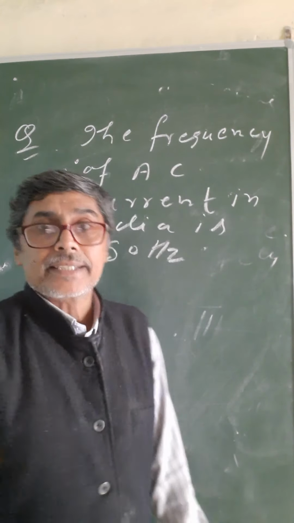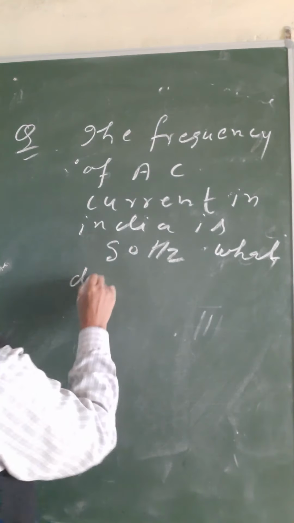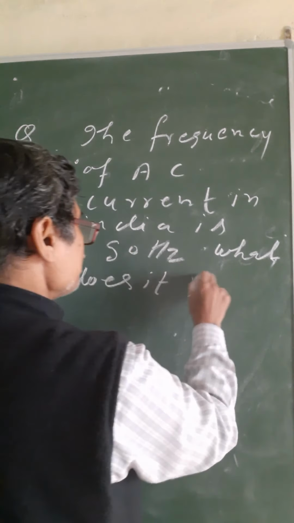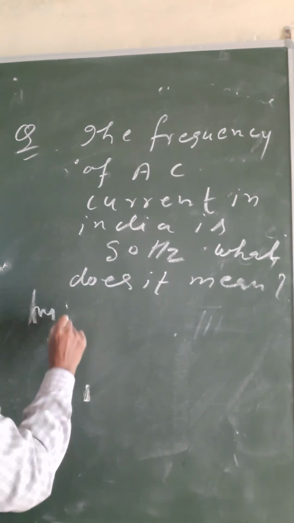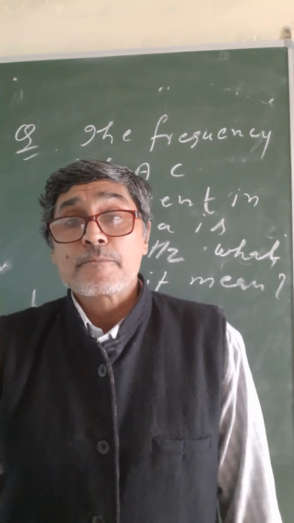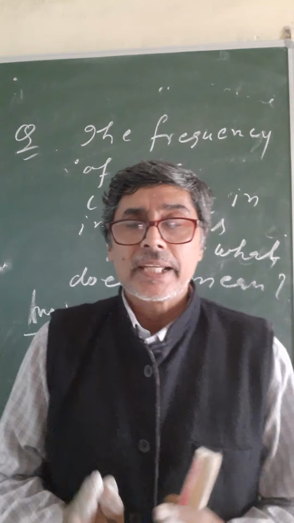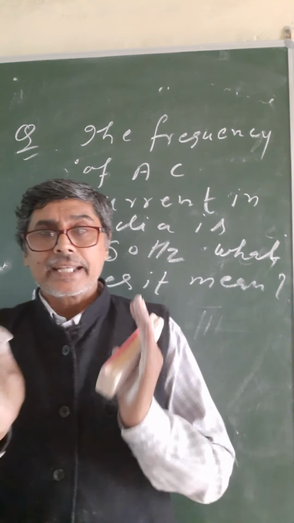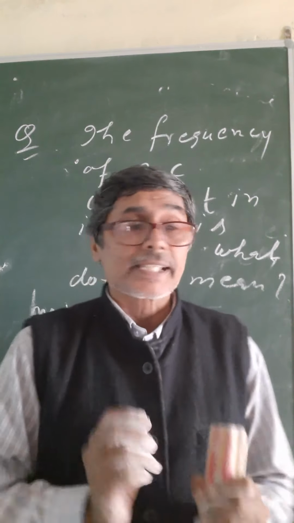What does it mean? Answer: the frequency is 50 Hertz. It means that the direction of AC changes 100 times in 1 second.